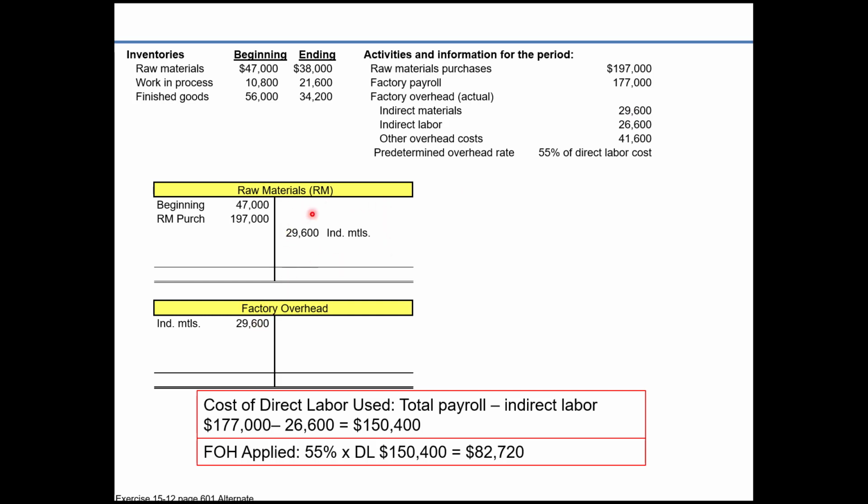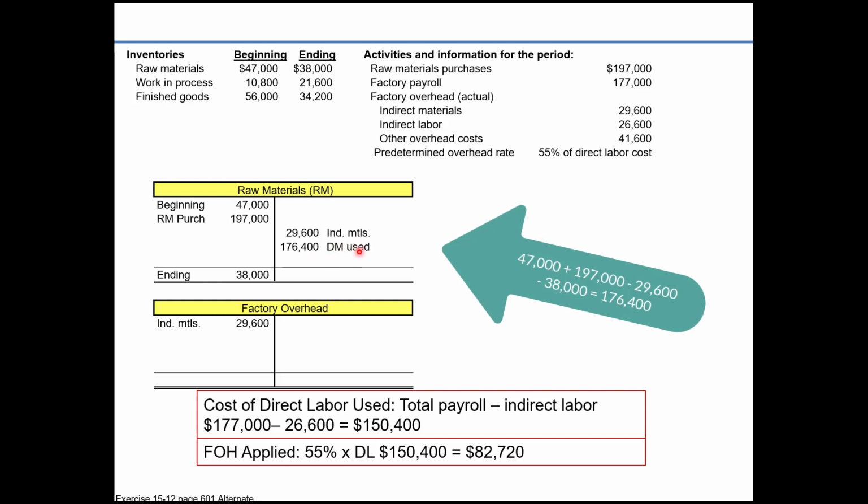So they are credited out of the raw materials inventory and put into factory overhead. The ending balance here was provided to us. Now, to get the direct materials used, which I showed you the computation on the previous slide, we will put in our ending balance, and then that gives us the direct materials used.